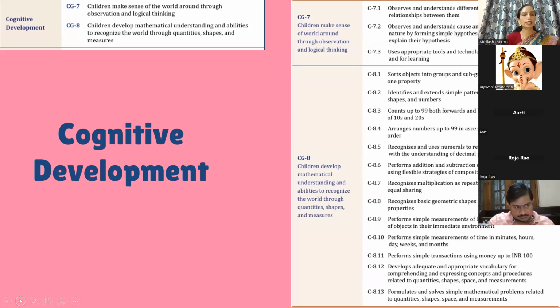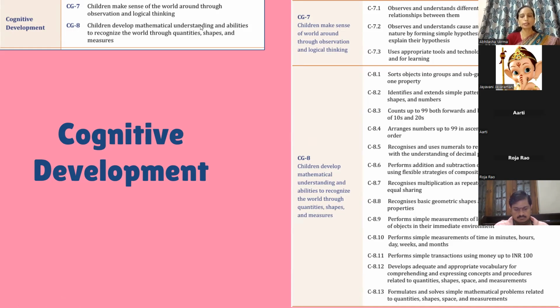Here, the child's mathematical understanding and abilities to recognize the world through quantities, shapes, and measures develop. The mathematical understanding includes addition and subtraction of two-digit numbers, recognizing basic geometrical shapes, simple measurements of length, weight, volume, and time, then simple transactions using money up to 100 rupees.